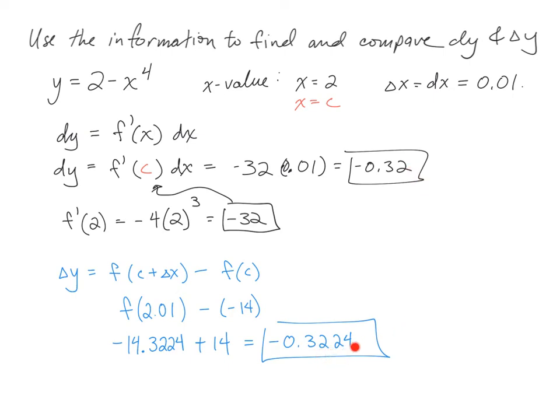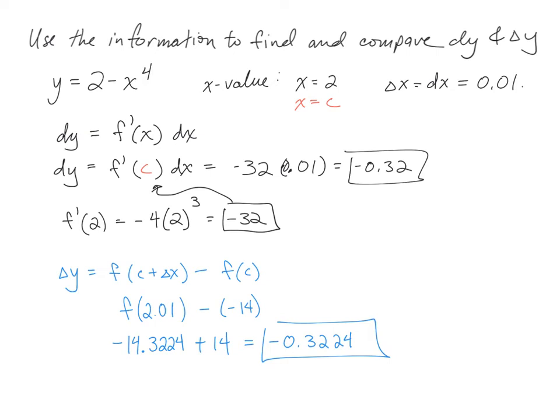So you can see how close these are to one another, and how relatively accurate you can approximate the actual change in y using the slope, using the tangent line. And that's because we are picking values that are very, very, very close to x.